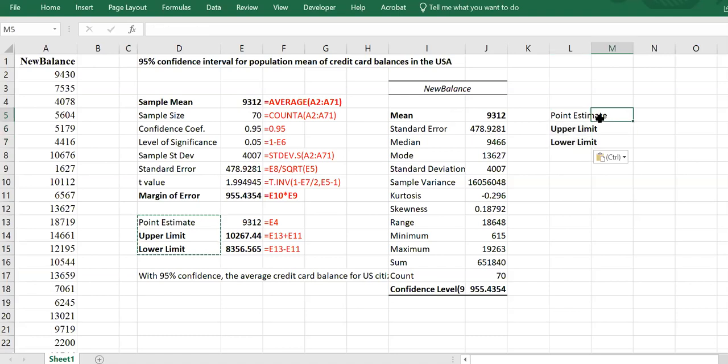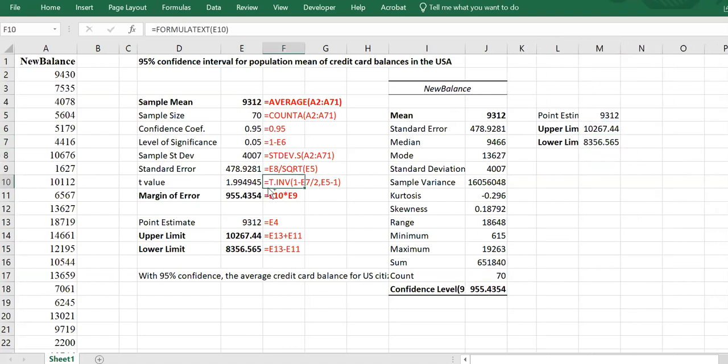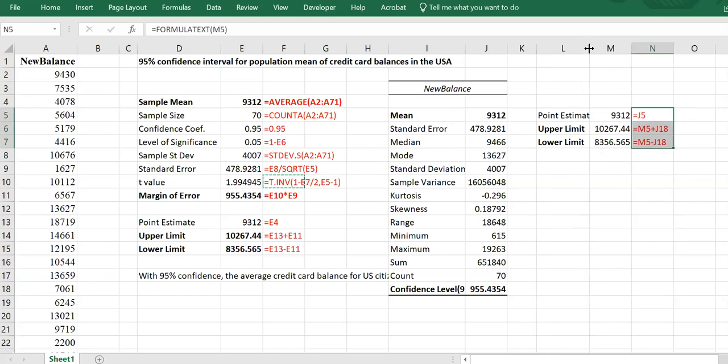We really need to get the point estimate. We need to get the upper limit, which is the point estimate plus margin of error. And we also need to get point estimate minus margin of error, which is our lower limit. All right, so this is how we can build the interval estimates for the population mean.